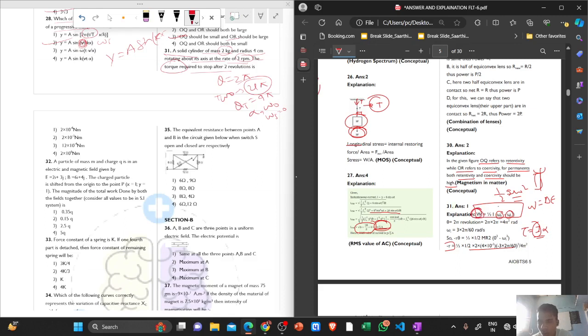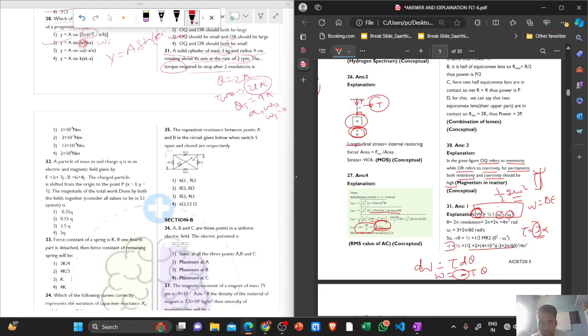After calculating the work, you know work is equal to the integral of tau d theta, dW. After integration, W will become tau theta, and as it is acting in the opposite direction to the torque, in magnitude it will be tau theta, but in direction it will have a negative sign.